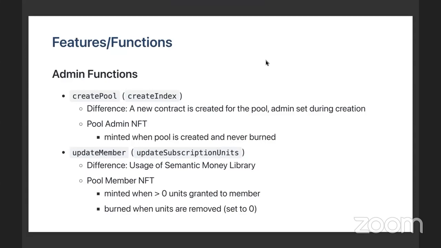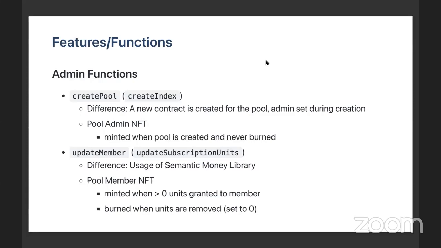Is it correct to say that update member is kind of a combination of... no, it's a mint, basically, like a mint in ERC20, is that correct? Yeah, because they're newly created. It's a mint function. Yeah, mint or burn, because I guess it could also be reduced.